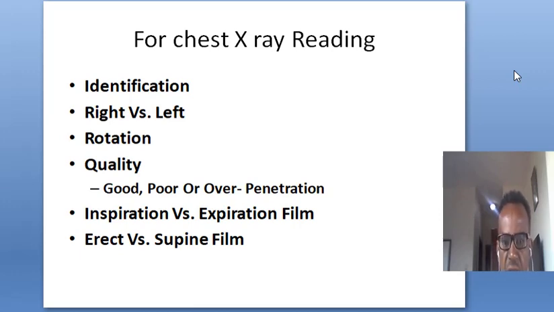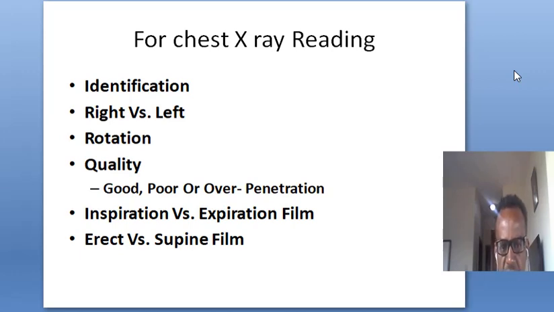Before you look at details on chest X-ray reading, you should identify which one is the right side, which one is the left side. The other is also to know whether the chest X-ray has rotation or is well centered.